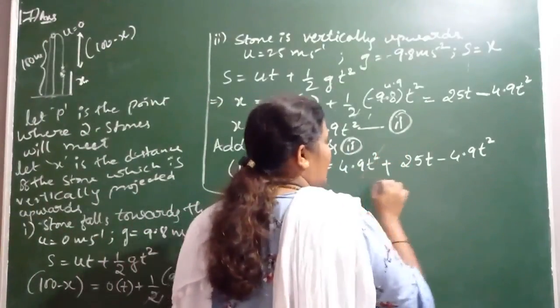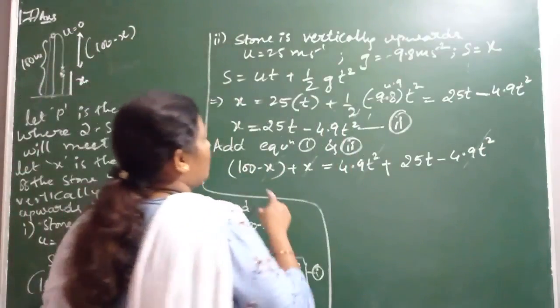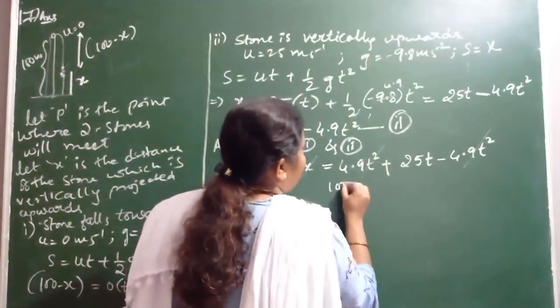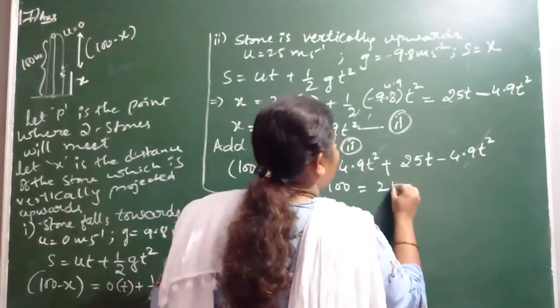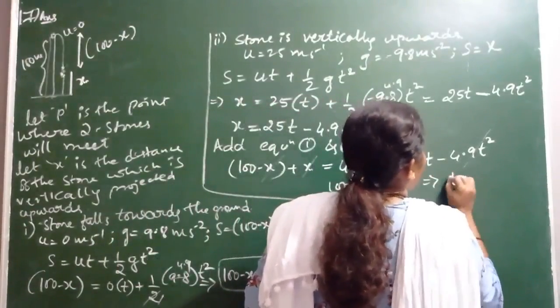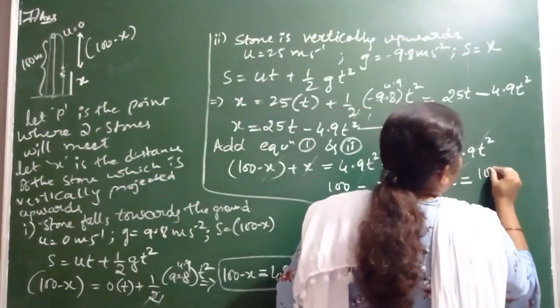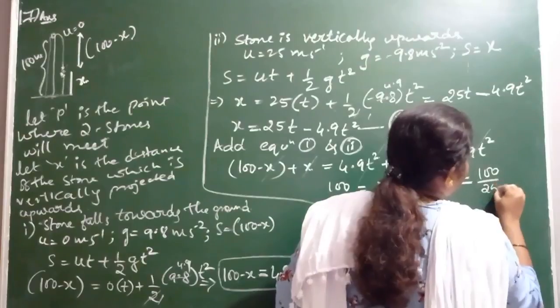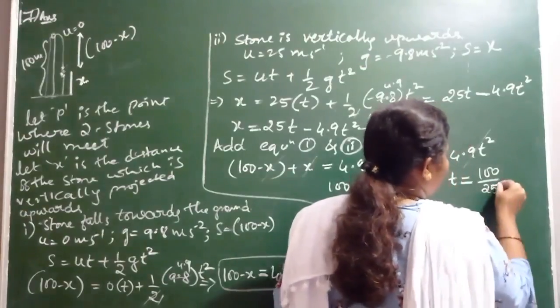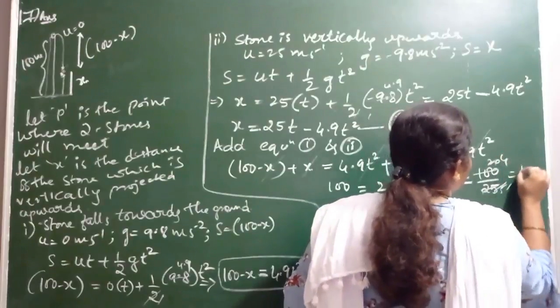Then this 4.9 t square and this 4.9 t square get cancelled. What is left? 100 is equal to 25 t. So what is the t value? t is nothing but, yes, 100 divided by 25. Isn't it children? 5, then 2, 5 and the 5 4. So what is that?